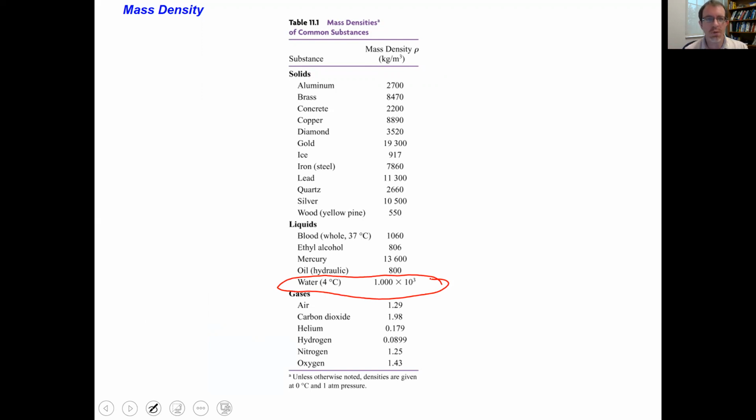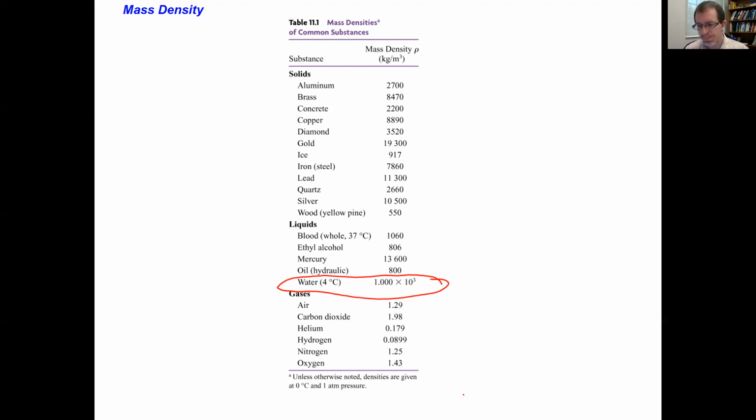Well, it's 1 if we're operating in grams per centimeter cubed, but again, we don't do that in physics. It's kilograms per meter cubed, and as a result, all of those densities that we might have come in contact with in chemistry are off by a factor of 1,000 when we talk about them in physics. So water's 1,000 kilograms per meter cubed. You don't necessarily need to memorize that, but it is a handy reference point to have.